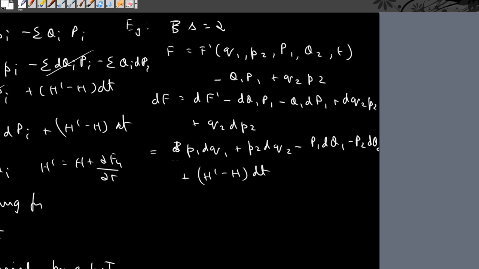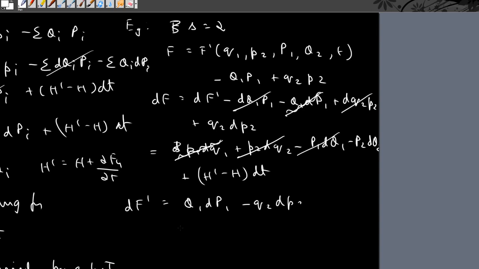Here this guy will cancel with this guy, and this guy will cancel with this guy, and what will be left is that df dash will be equal to q1 dp1 minus q2 dp2 plus p1 dq1 minus p2 dq2 plus h dash minus h dt.